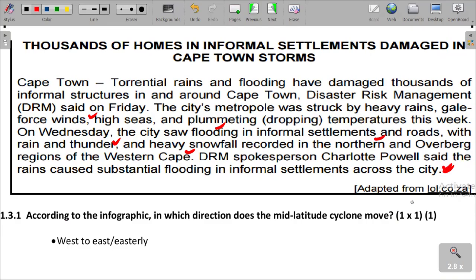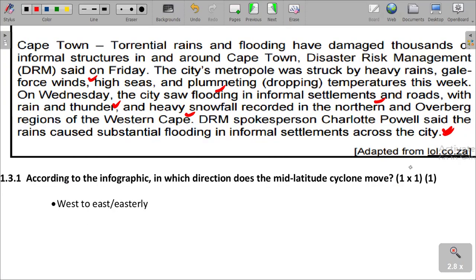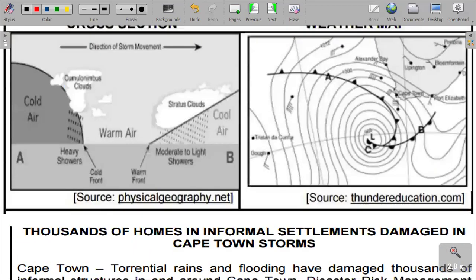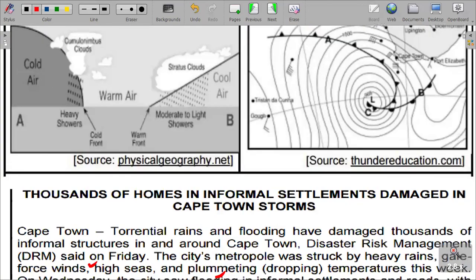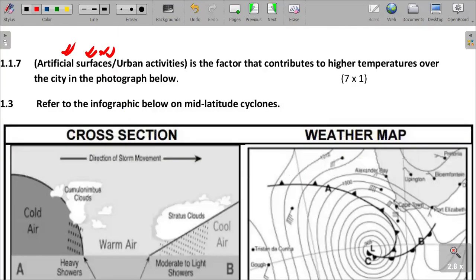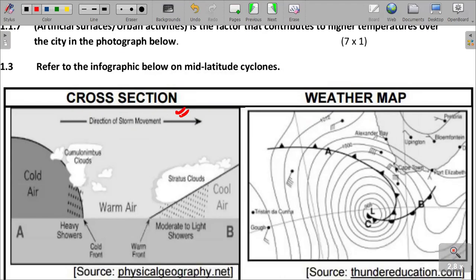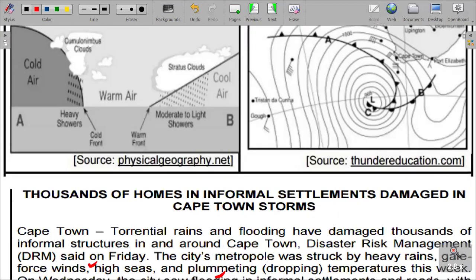Our first question is saying, according to the infographic, in which direction does the mid-latitude cyclone move? We are already given that.